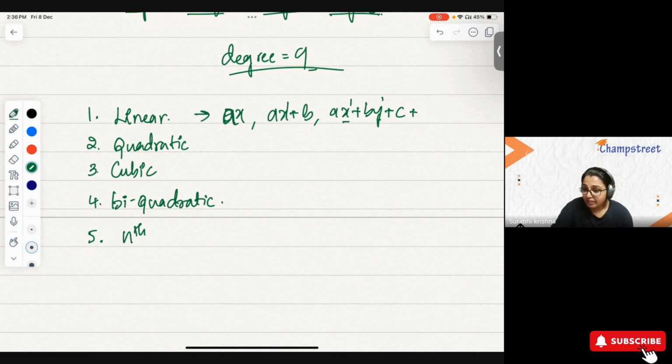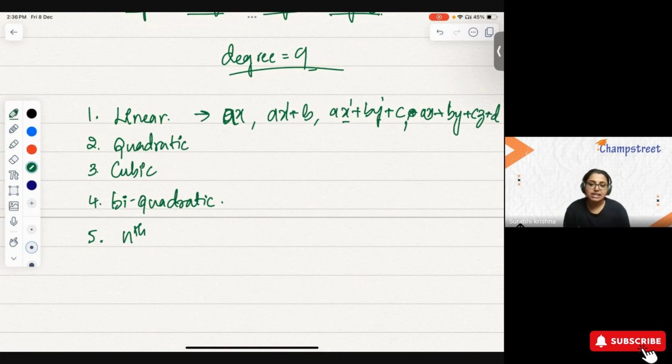Similarly, if I have 3 variables, ax plus by plus cz plus d. You can take any variable. It could be 5a plus 2b plus 3c. That's a polynomial. a, b, c are the variables. And it's a linear polynomial because all of the powers of the variables are equal to 1.